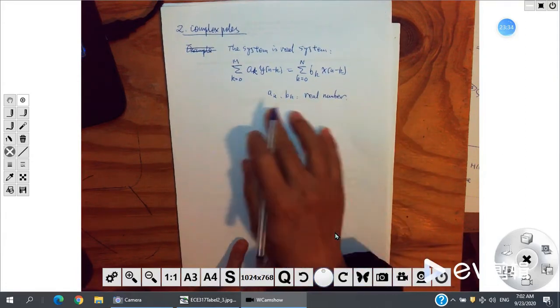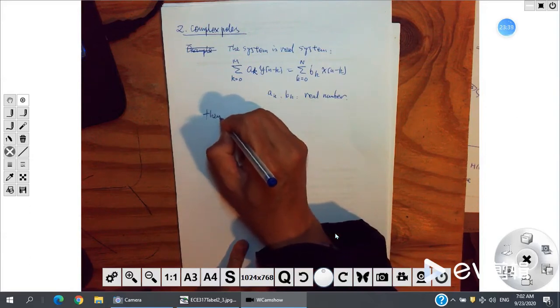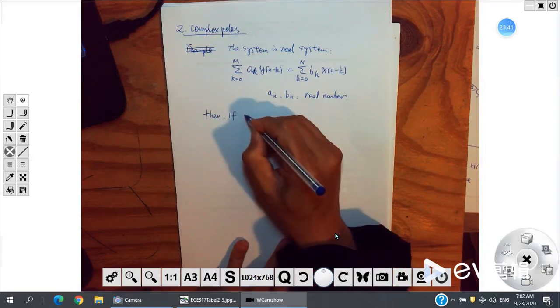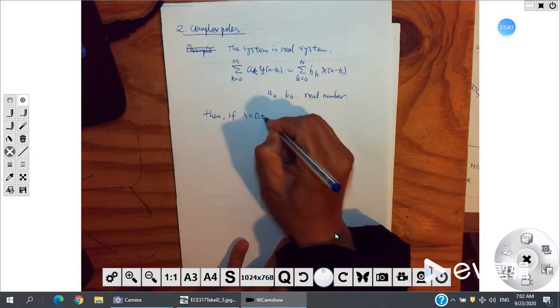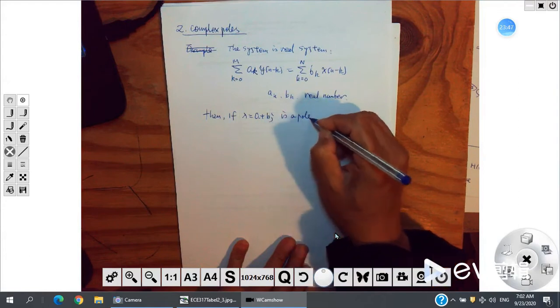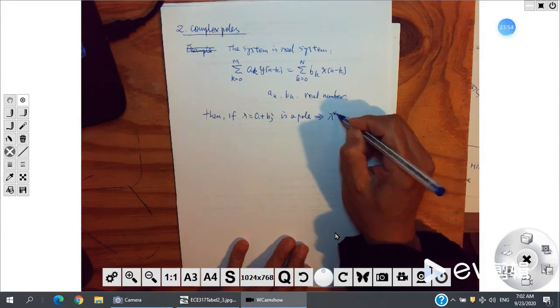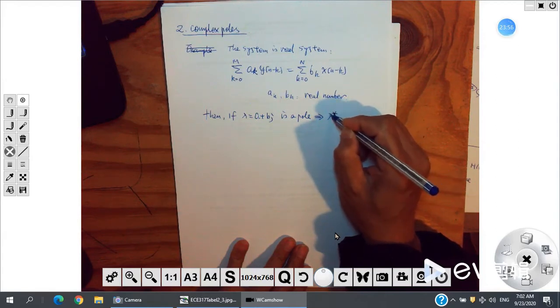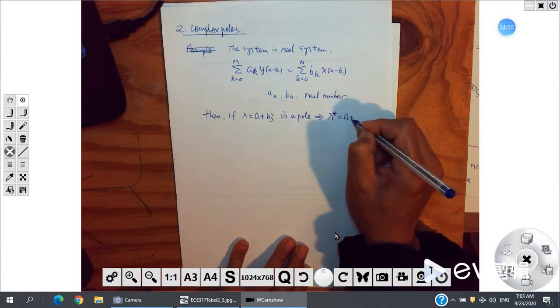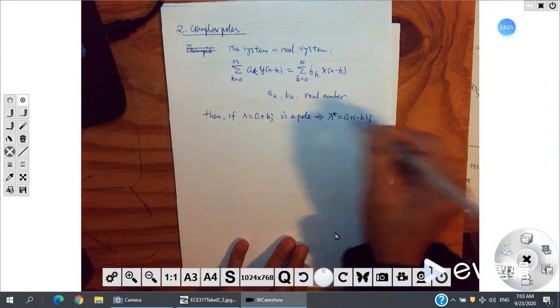Okay, in this case, if lambda equal to a plus bj is a pole, then another lambda, I say lambda star, usually people like to put a star here, the complex conjugate a minus bj, is also a pole.